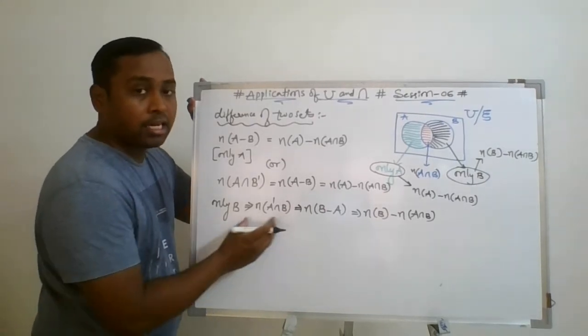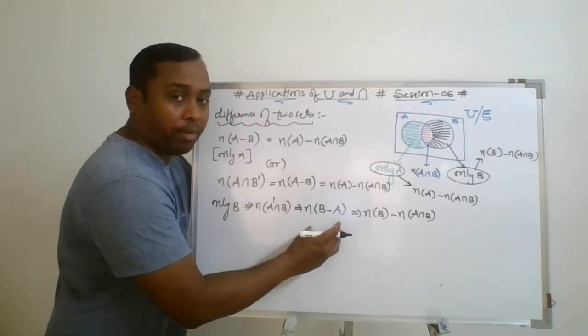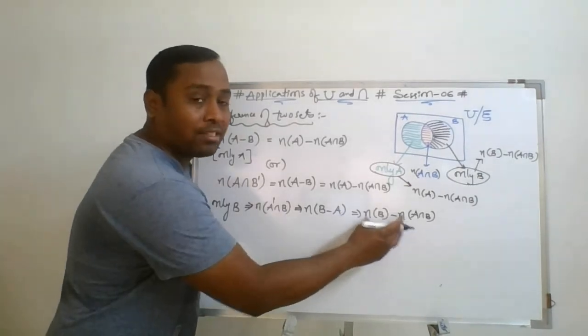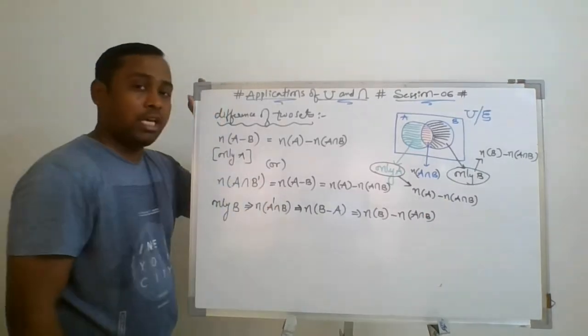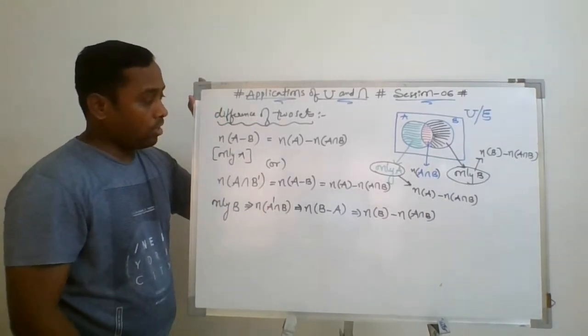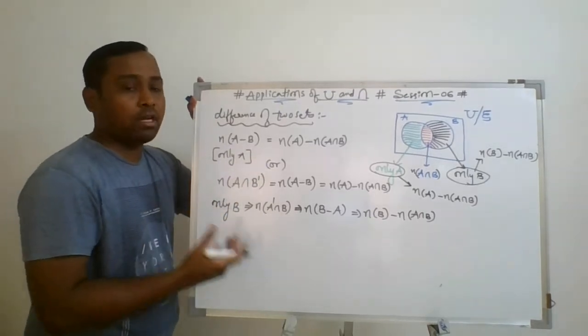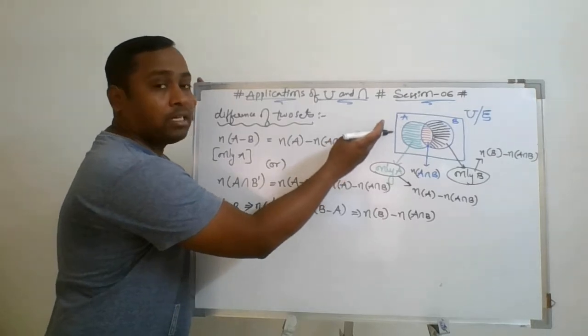Only B, that is number of A dash intersection B, means number of B minus A. It also means number of B minus number of A intersection B. So these are the various formulas we can develop from the same Venn diagram.